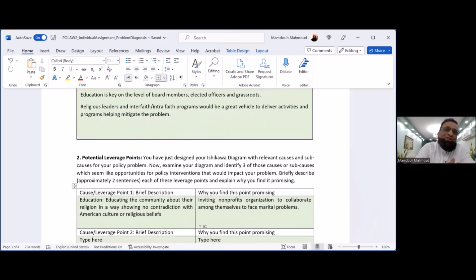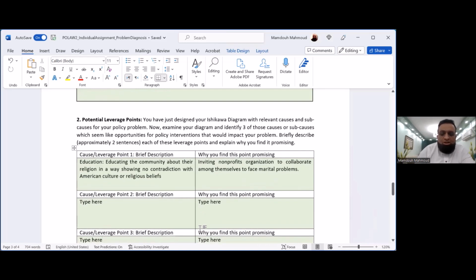You see, we're not looking for the intervention itself, but we're going to choose 3. We're going to look at the diagram now, and we will identify in a minute. That would impact your problem. Briefly describe in 2 sentences each of these leverage points, and explain why you find it promising.